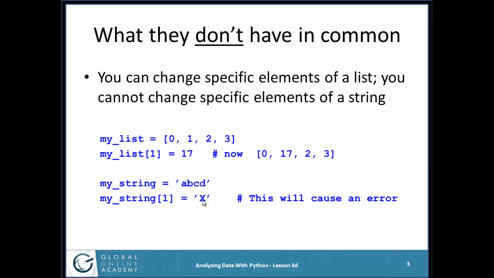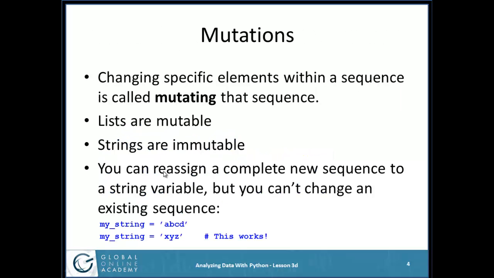You cannot change individual elements within a string. All you can do is reassign the entire variable. You could say my string equals quote AXCD, but that just replaces one string with another. It doesn't change the string once it's created.